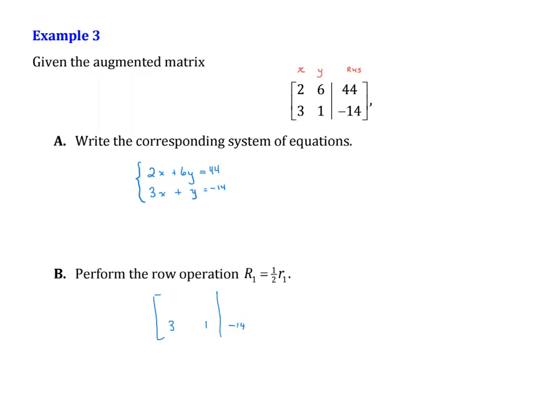But then row 1 is going to change. Row 1 will be 1/2 of the original. So we're going to take 1/2 times 2, 1/2 times 6, 1/2 times 44. So we will have 1, 3, 22.